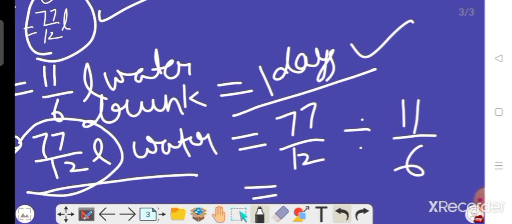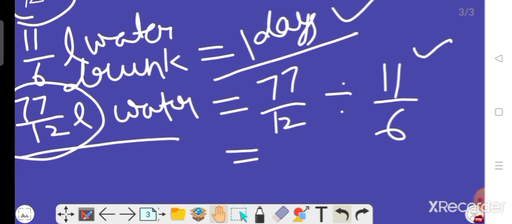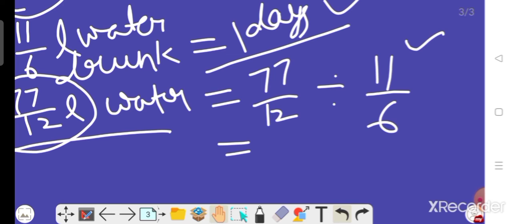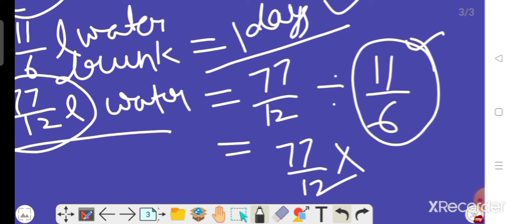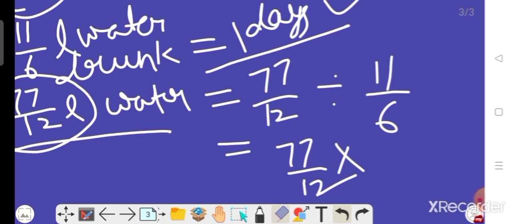So this is equal to 77/12 divided by 11/6, and this is the division of fractions, and we know that division of fractions is done by changing the division sign into multiplication. So this division will become multiplication, and the second fraction, or we can say the divisor, will be converted into its reciprocal. So the reciprocal of 11/6 is equal to 6/11.